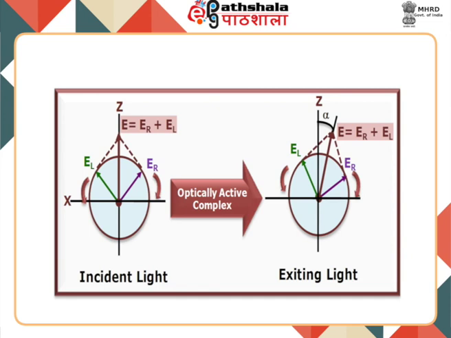Rotation of electric field component E. It has been shown that since the speed of light in a medium is manifested in the refractive index of the medium, the essential property of an optically active substance is that it has different refractive indexes for the left and the right circularly polarized light, nL and nR respectively.